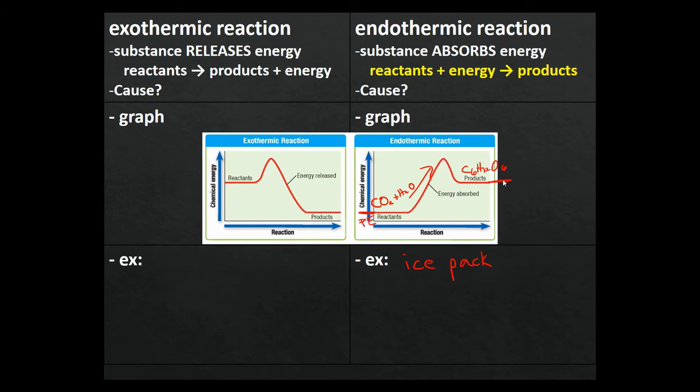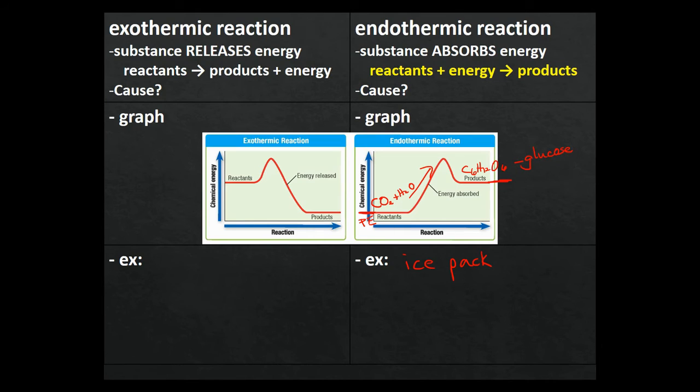Now, this is still stable. The glucose molecules that make up the material that is inside your body, those are still stable molecules. They're just not as stable as the original reactants. Carbon dioxide, water, those are actually more stable than the glucose. However, glucose is still plenty stable. It's just that we went through a chemical transformation to store energy.